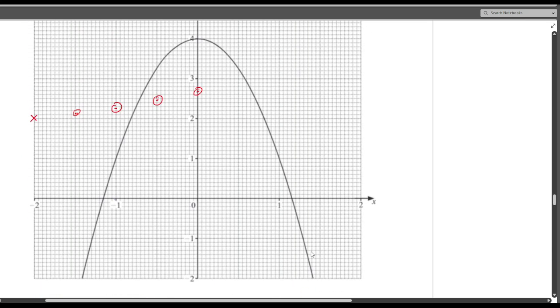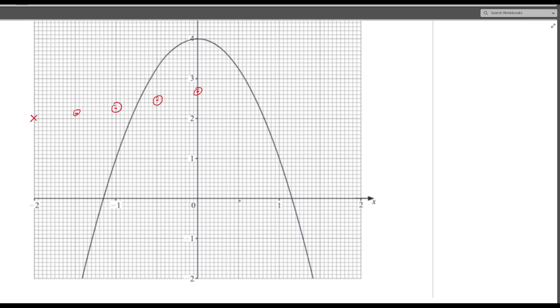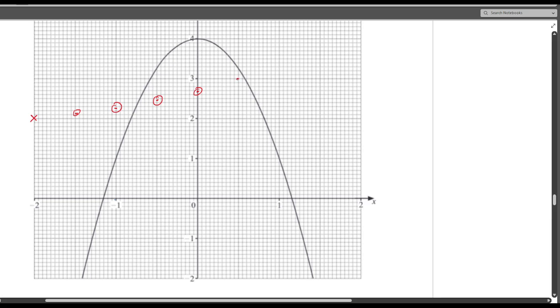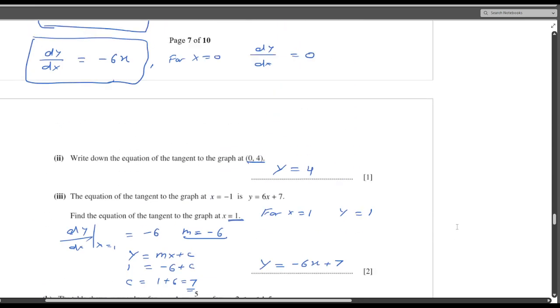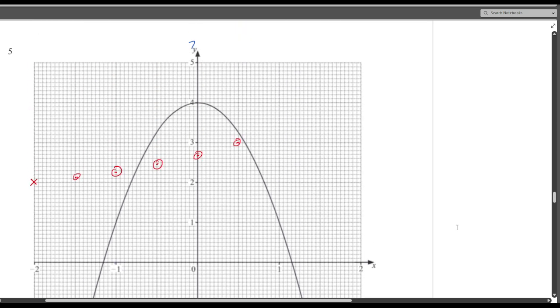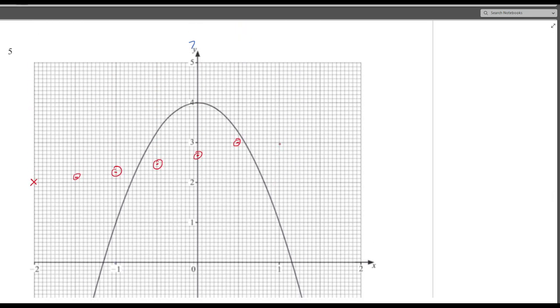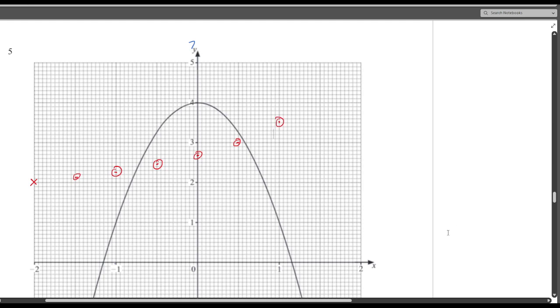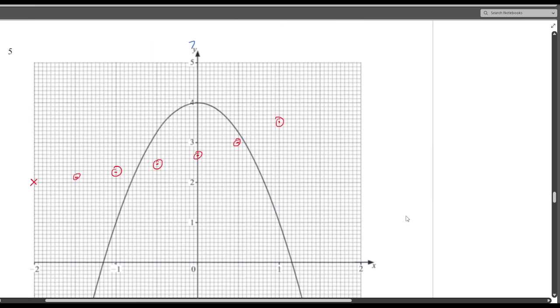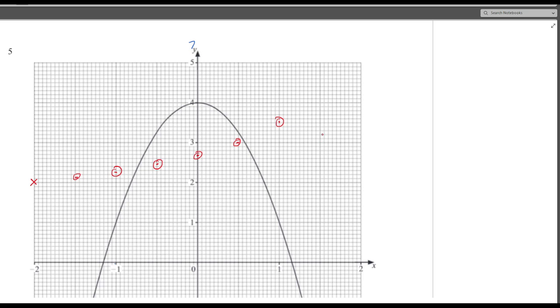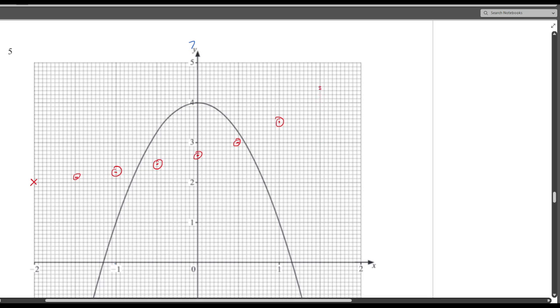For 1 it is 3.5. And for 1.5 it is 4.33, this is 4, 4.1, 2, 3, so 4.33 is a point somewhere here.